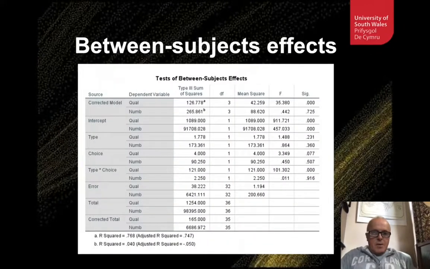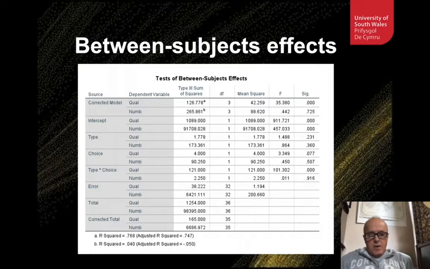So if we look at our between subjects effects table, or between participants effects table, if you scroll down to the 3rd row where it says type, it's telling you the type of decision maker, and the effect for quality of choice and number of choices.